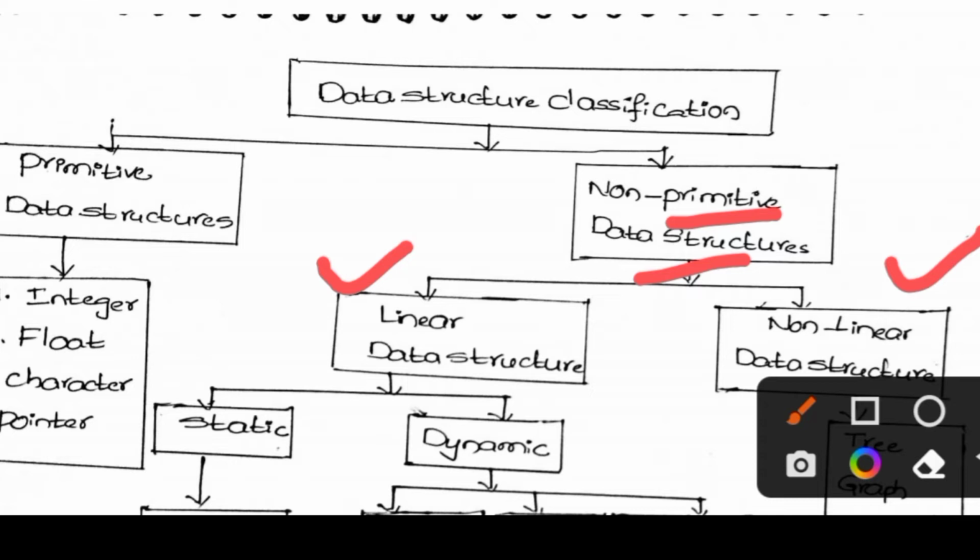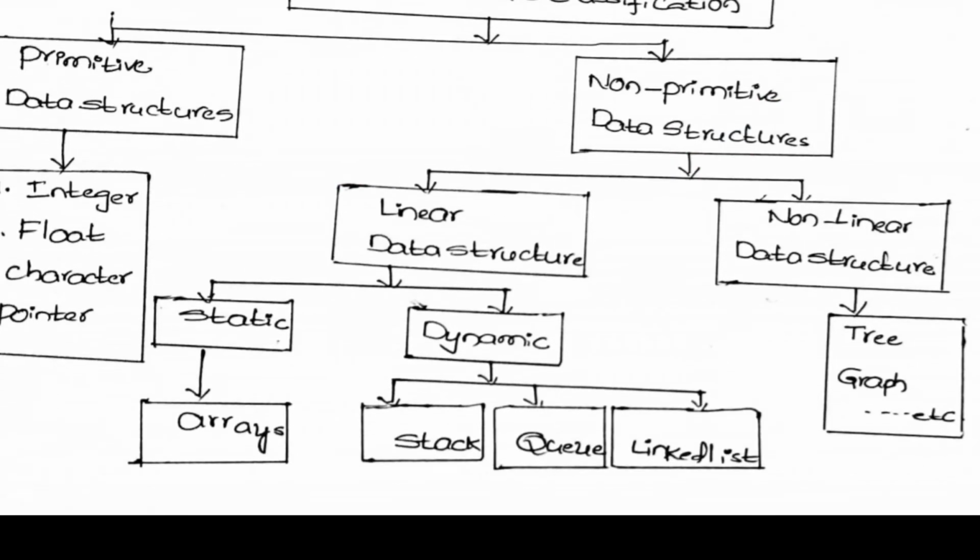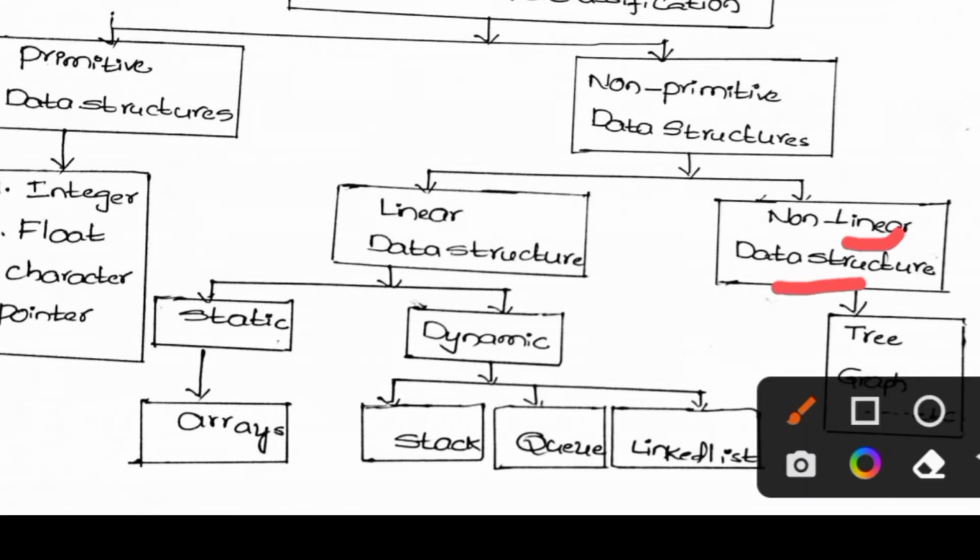If the data is arranged in a sequential order, then you can say that is a linear data structure. If you store the collection of information in a random order, we can say that is a non-linear data structure.